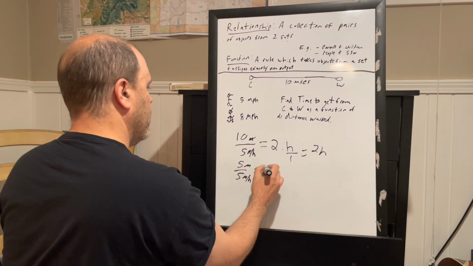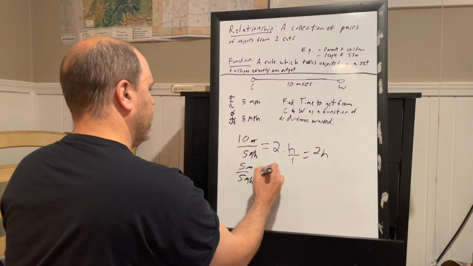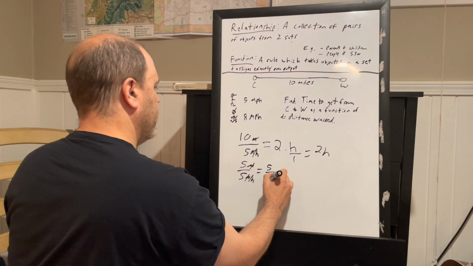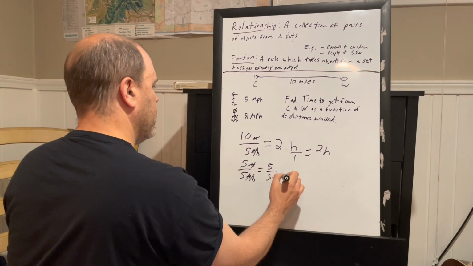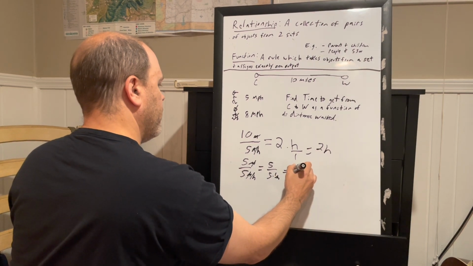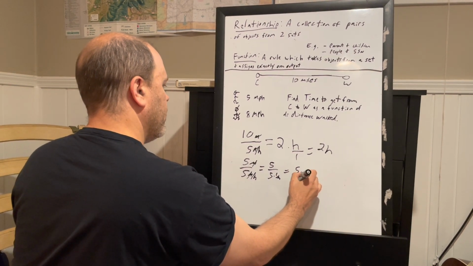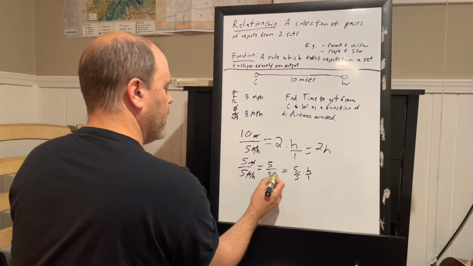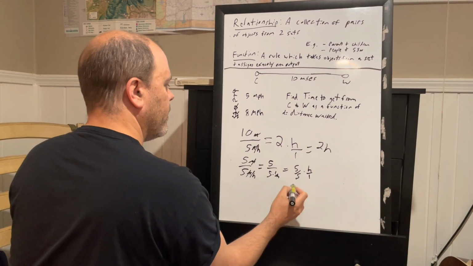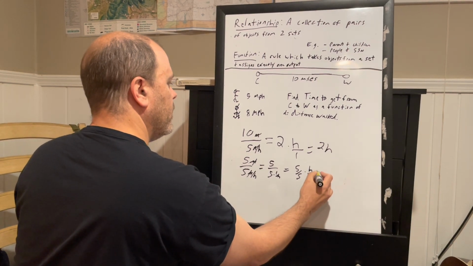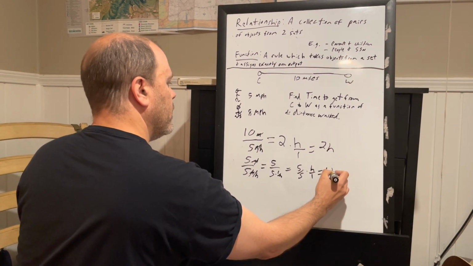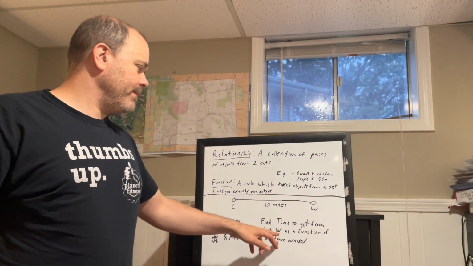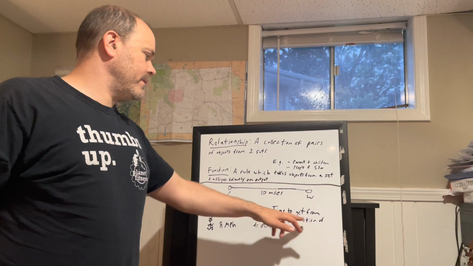And so you could rewrite that as these cancel out: 5 over 5 times 1 over h equals 5 over 5 times h, because that was just the denominator being multiplied by that fraction, equals 1 hour.